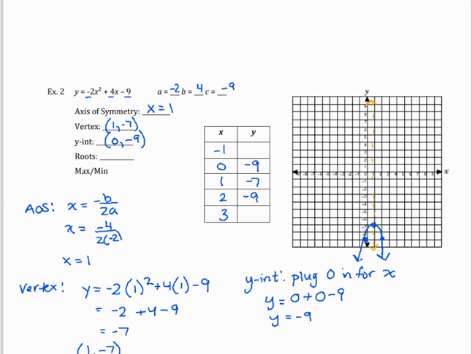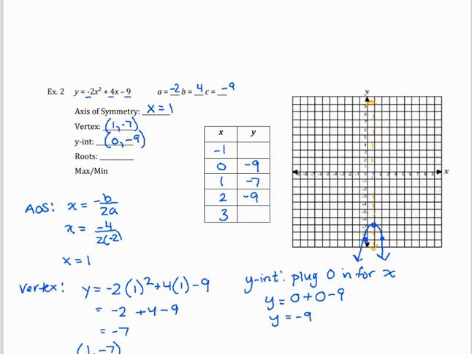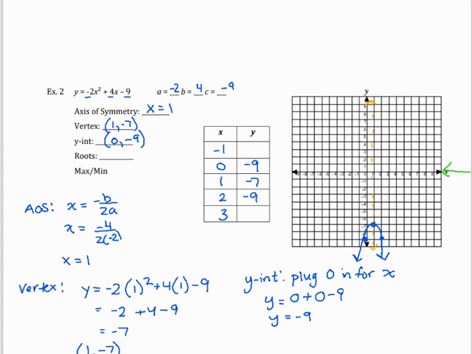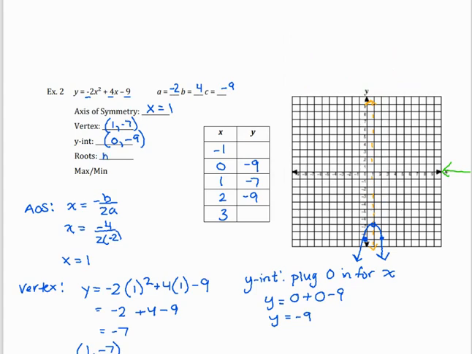So now let's analyze. What are my roots? AKA, what are my solutions? Well, solutions are where our y value is 0 or our x-intercept. So I look along this area right here. Where am I crossing that x-axis? And in this case, we're not. So what that means is that I have no real solution.